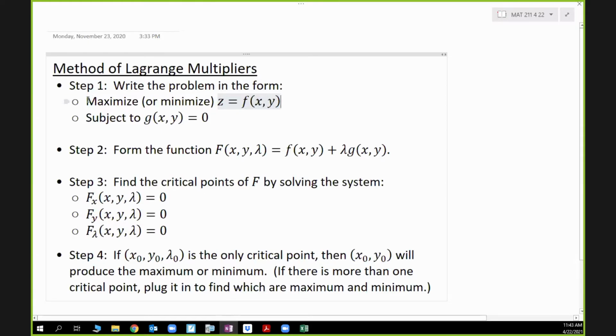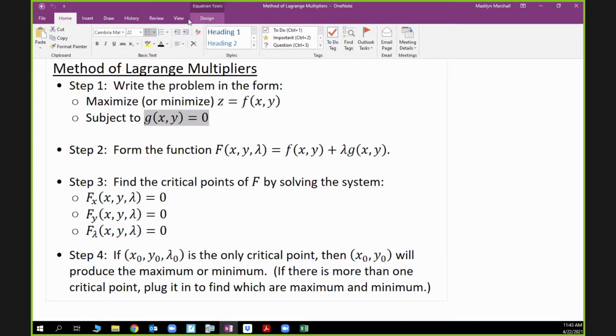In each of our problems, we're going to have something that we want to maximize or minimize, and that will be a multivariable function. So it will be a z equals f of xy type of thing. But we will also have a constraint. So it's going to be subject to some other function, and we'll see that in a little bit.